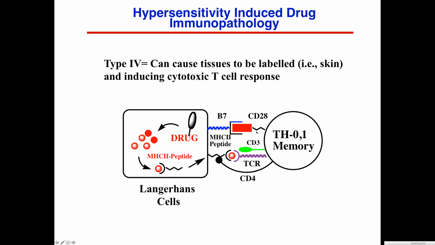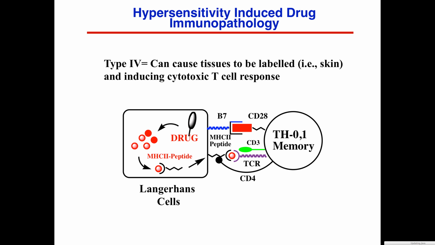And then, as we saw before, type 4 hypersensitivity reactions can cause tissues to be labeled, or anything that gets onto the skin can result in a type 4 hypersensitivity reaction, in which you have the Langerhans cells, APCs, activating the Th0 cells, making Th1 cells, and then this activation of Th1 cells, which takes some time, then allows these cells to move into the skin.